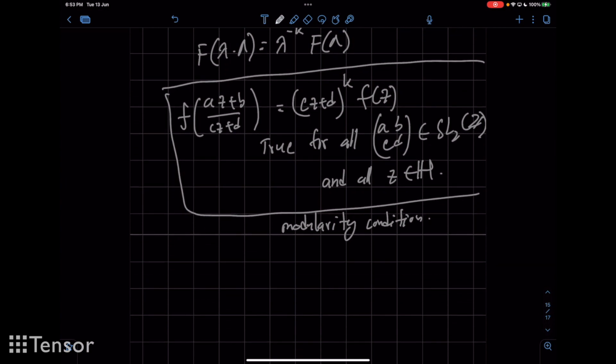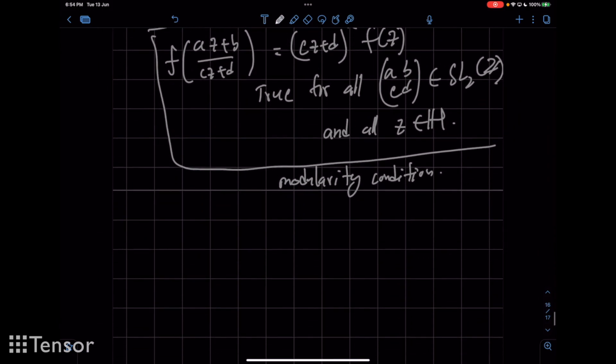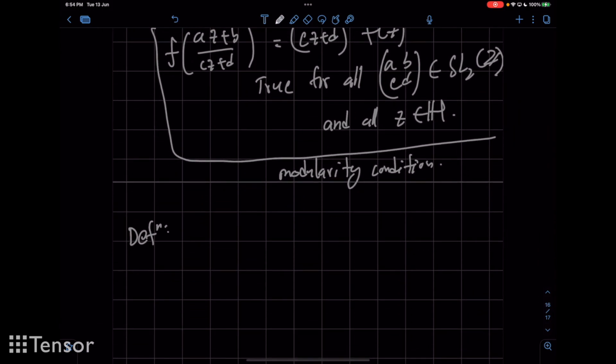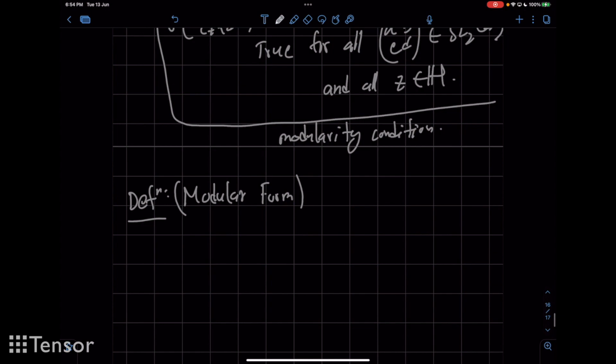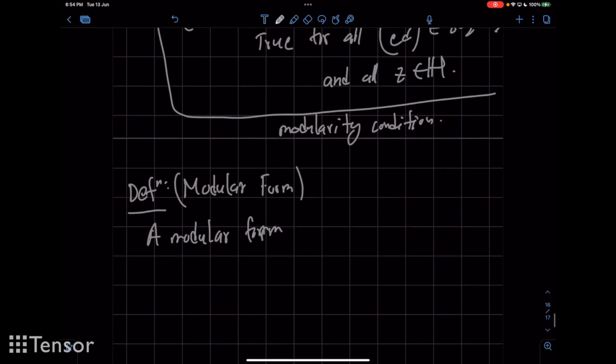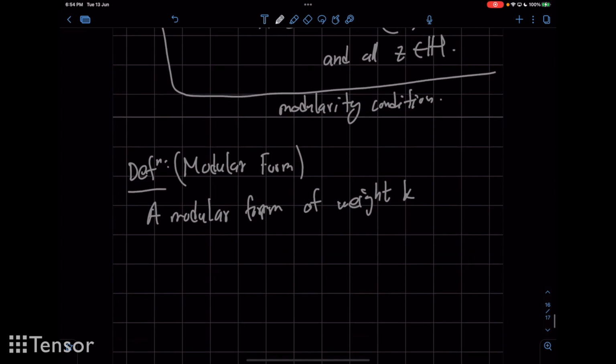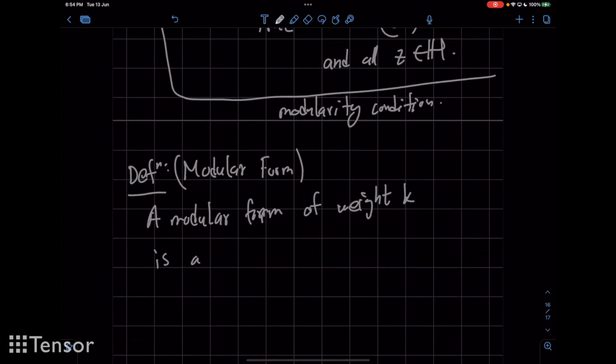Now I'm going to define what a modular form is. Definition of a modular form. A modular form of weight k is a function from the upper half plane to the complex numbers that has the following properties.